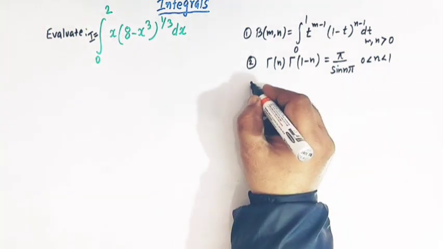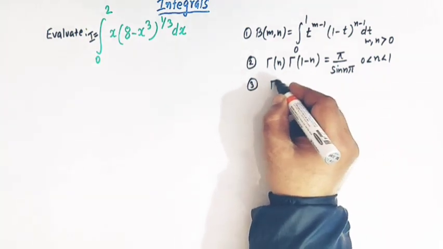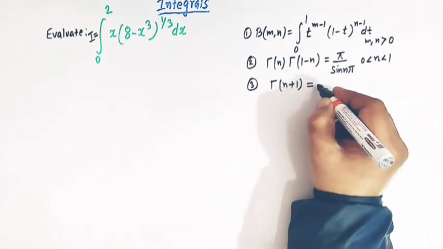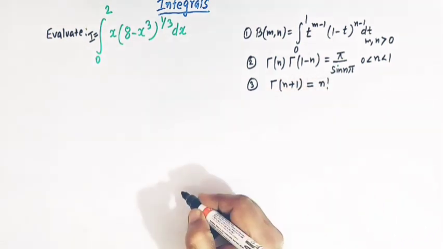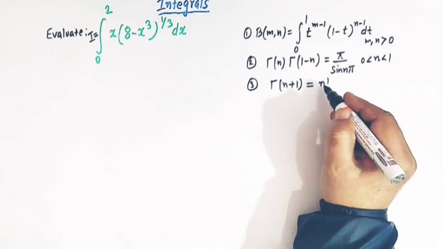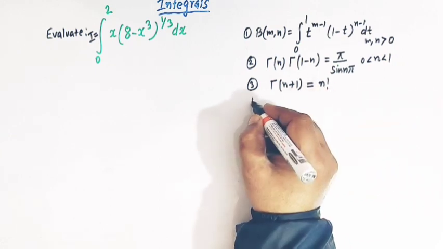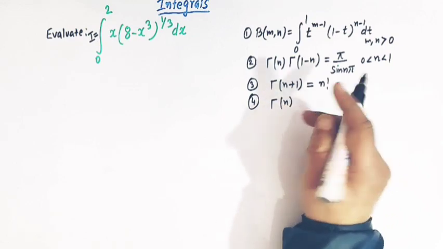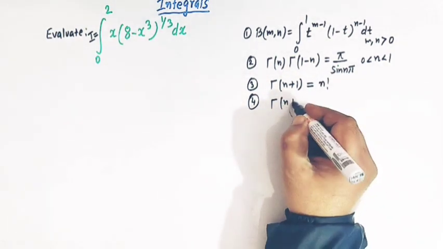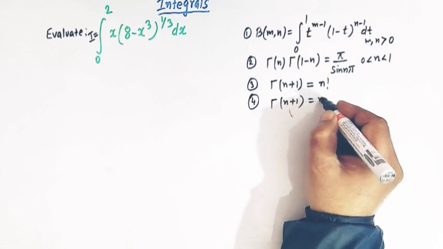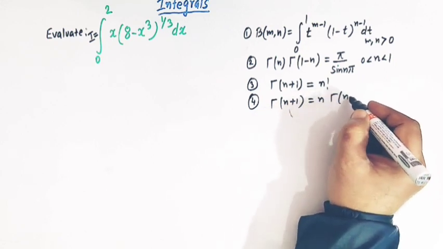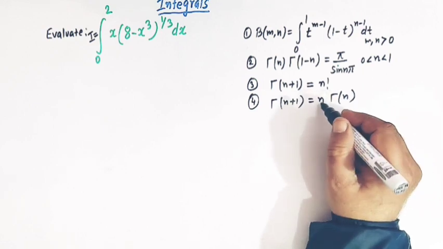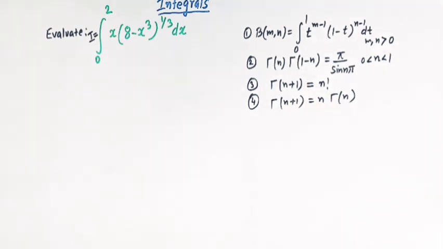The third result is gamma of n plus 1 is given by n factorial, whenever n is a positive integer. And the fourth result is gamma of n plus 1 is given by n times gamma of n, when n is positive and not an integer.